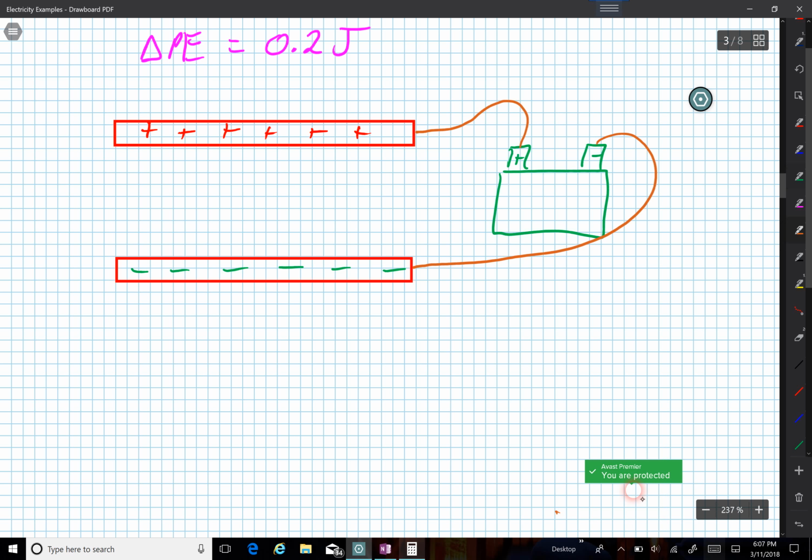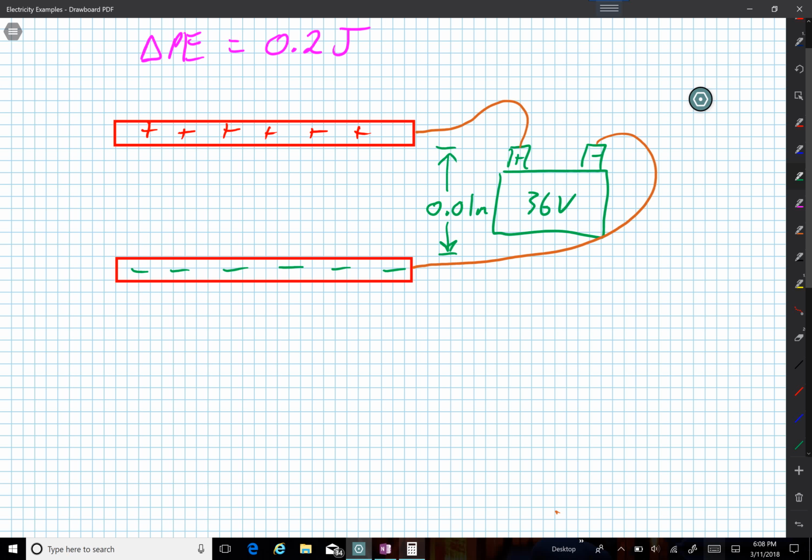Okay, and let's say that we have 36 volts on this battery, and let's say that the distance between plates is 0.01 meters, a centimeter. Okay, how's that?